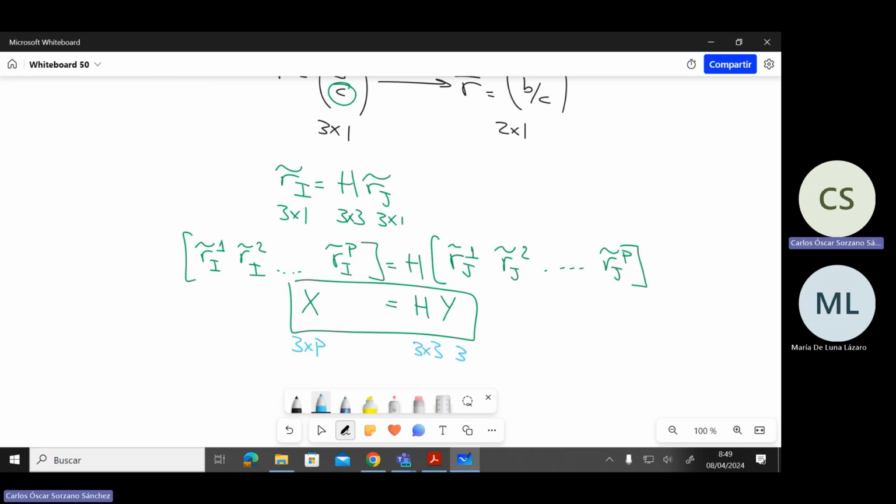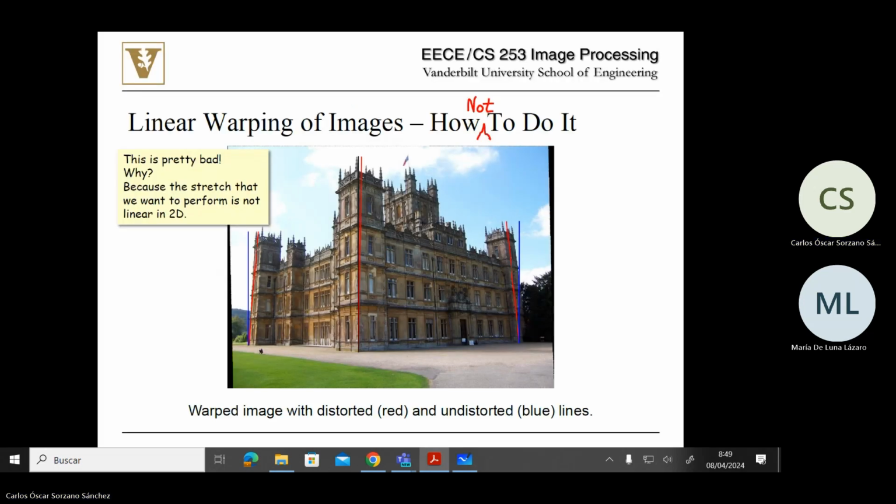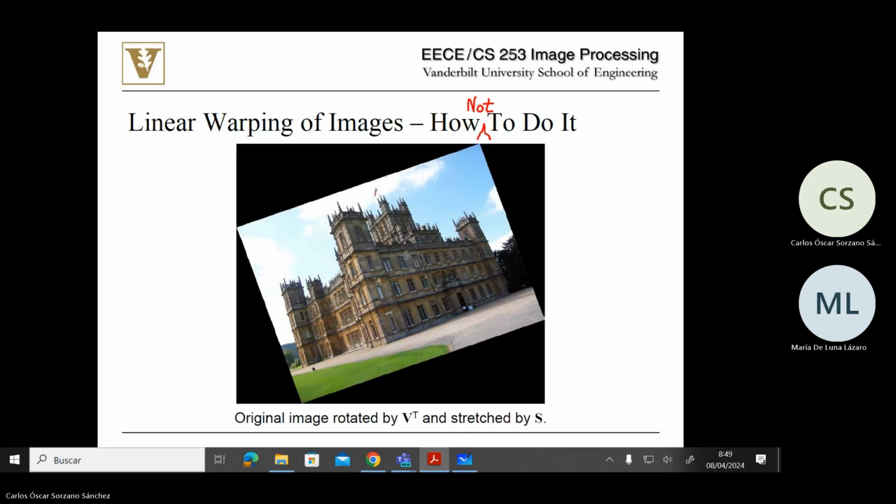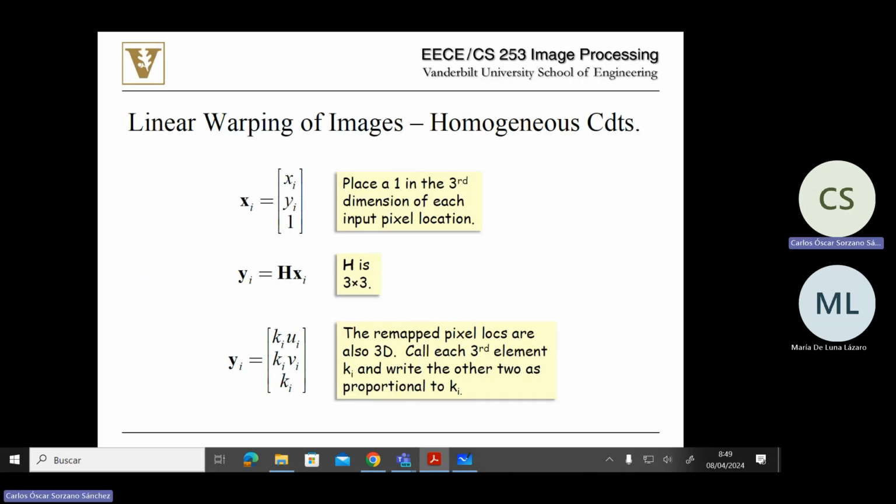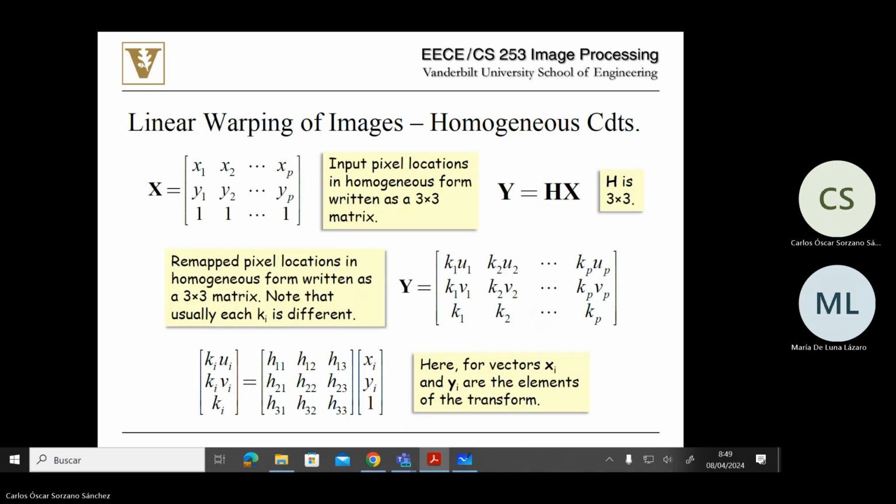This is again 3 times b. So we know how to solve for this H. Okay, so let's see. We will solve for H in a different way. We could use least squares, but we will use a different technique to solve for H.